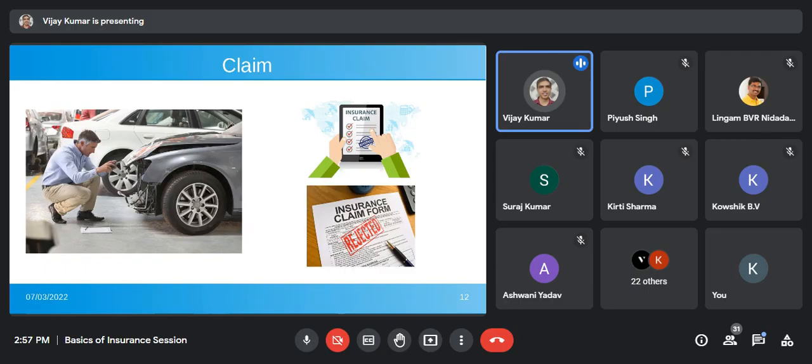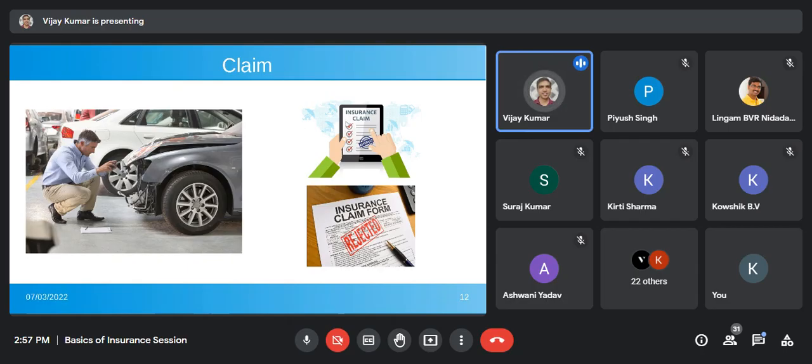And from FIR, the case can go into the court, and from court it will go to higher court. Similarly, FNOL is just a first notice of loss. That doesn't guarantee that you will get the insurance claim, but it is just a first notice that you are notifying the insurance company, this loss has happened and I should be paid.